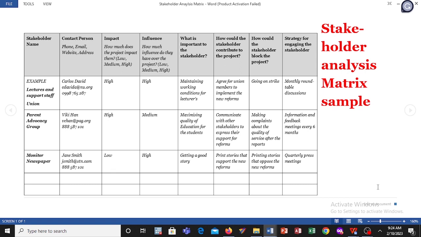a stakeholder. The stakeholder is any person or group of persons that have a stake in the organization. They can have interest in the organization, and they will work hard to protect their interests in the organization. And we have two types of stakeholders: primary stakeholders and secondary stakeholders.